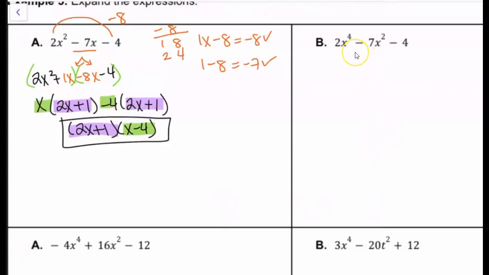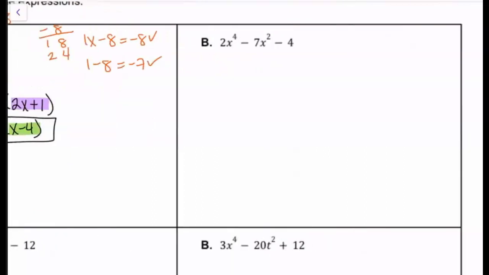So to solve these, they're the same idea. You just have to turn them, kind of, in a sense, into the form of x squared minus x minus this. So to turn this into a quadratic, we are going to first substitute. So I'm going to say, hey, let u equal x squared.